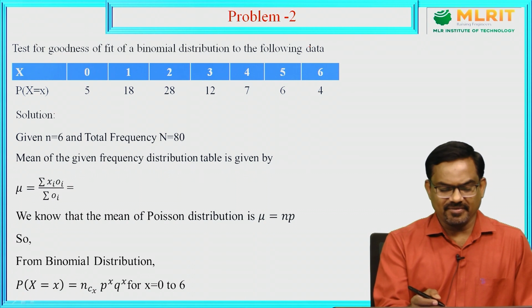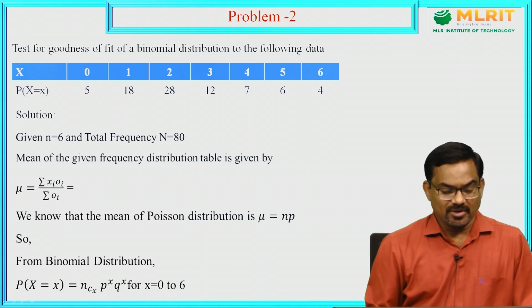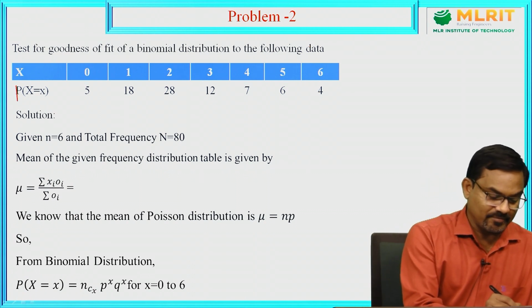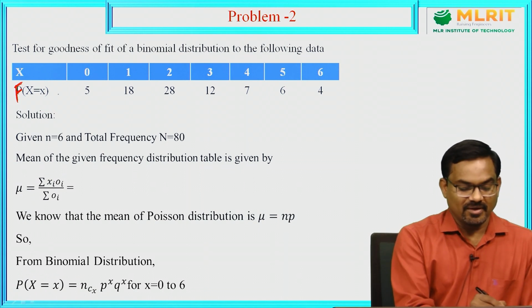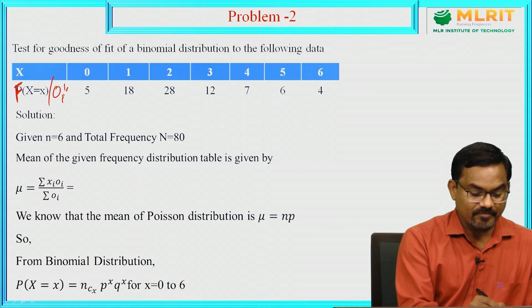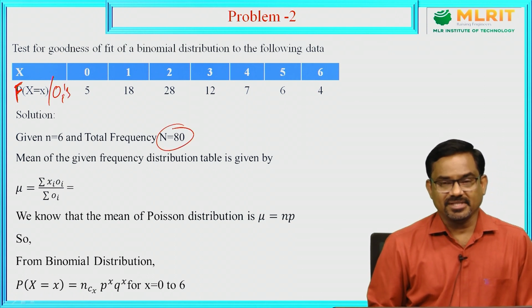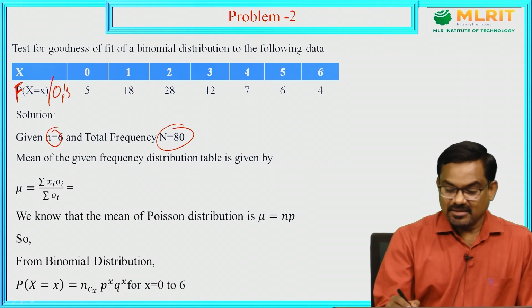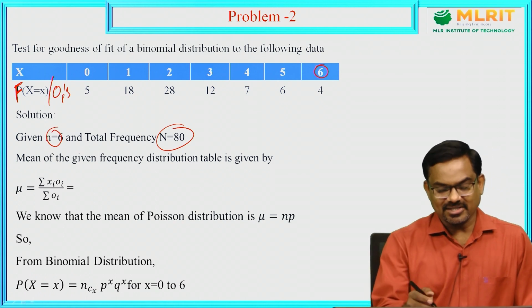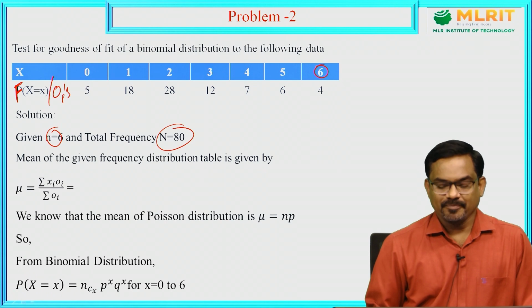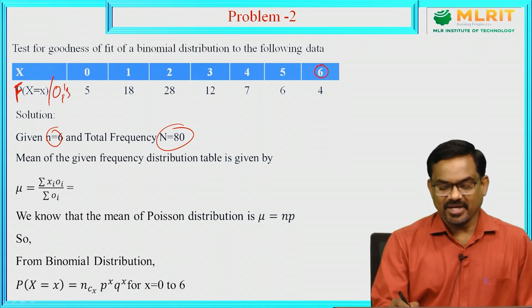So again, the x values and the corresponding frequencies are given. These are the OIs, and let us calculate the total frequency first. Here n is 6; we can consider this table as 6 coins being tossed, that is the experiment.